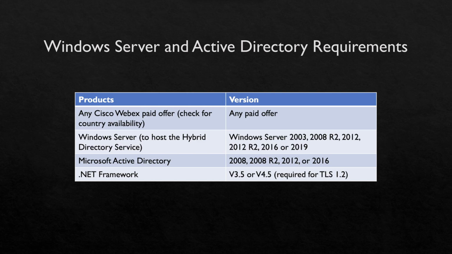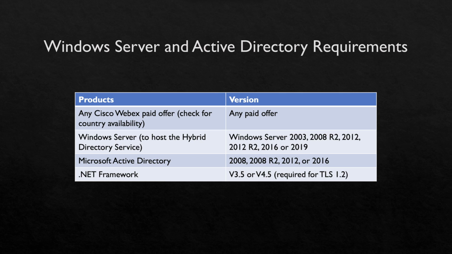So the deployment requirements are as follows. Directory Connector provides all of the features of the Cisco Webex Hybrid Directory Service. It is client software, which is installed on a local Microsoft Windows server and synchronizes identities between the on-premise Microsoft Active Directory and Cisco Webex user management systems.